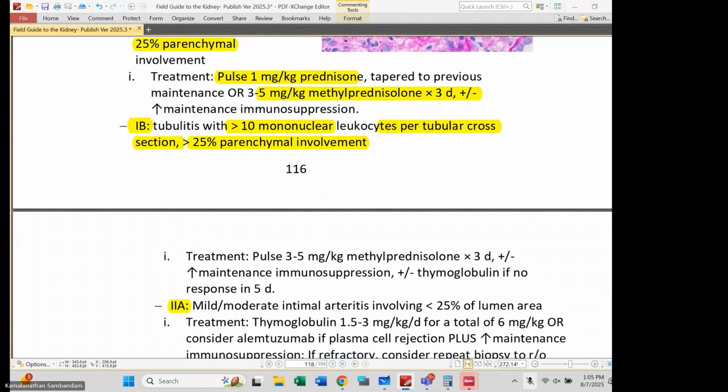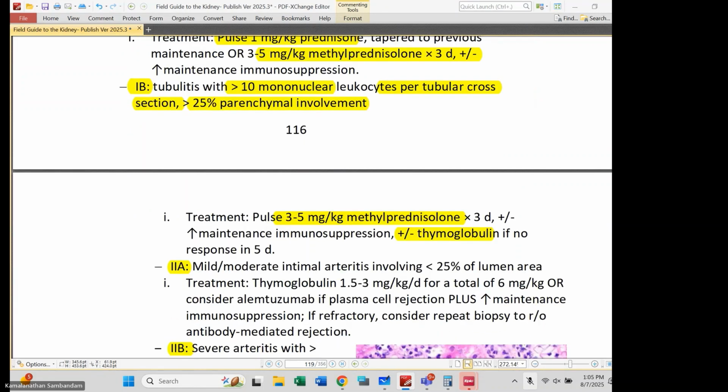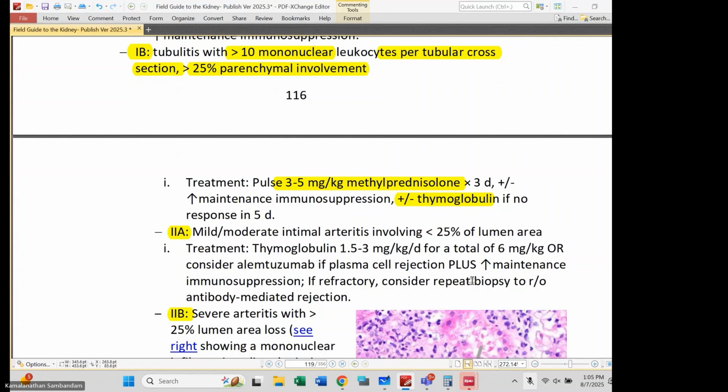If it doesn't respond, or if you have more aggressive rejections, you start thinking about thymo. You can use thymo for a 1A rejection if it doesn't respond to steroids. But if you have more severe degrees of tubulitis, that's when I'm proactively using thymo plus steroids.